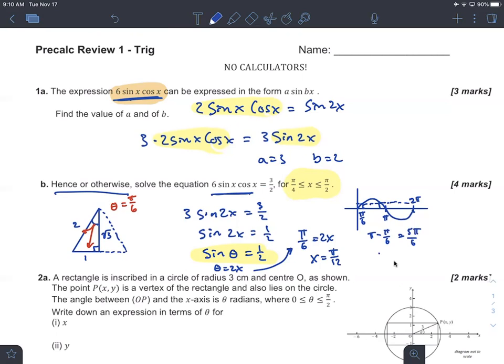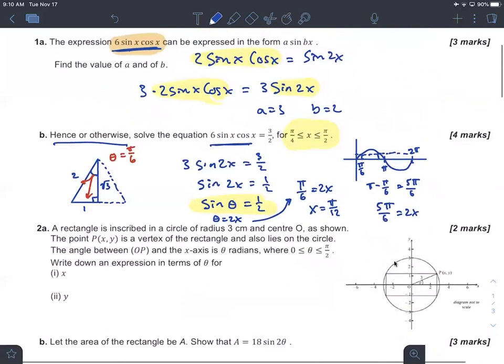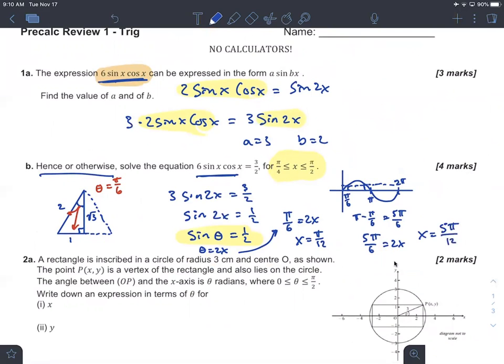If 5 pi over 6 is equal to our 2x value, because that's theta, then I would divide by 2 and I would get that x is equal to 5 pi over 12. And 5 pi over 12, well, 6 pi over 12 would be half of pi, and this is less than that. So it does fit within that range, so that's all good. So this is our answer.